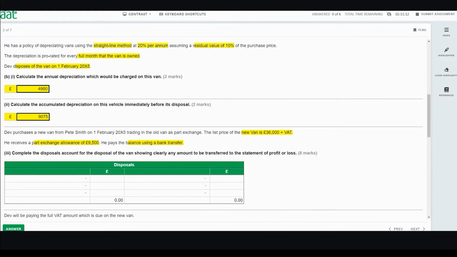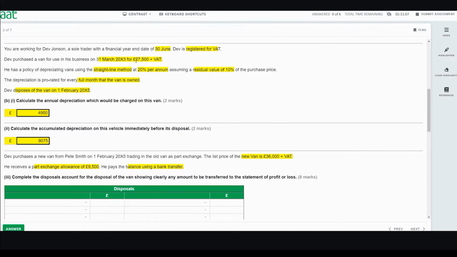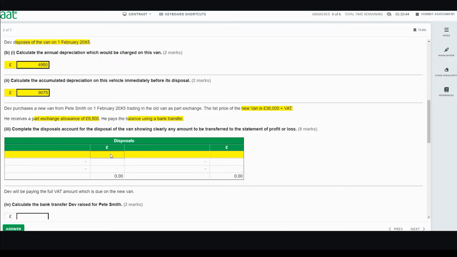The first thing we need to do is see what the old van originally cost us, which was 27,500. Ignore the VAT because they're not asking you to do the VAT account at the minute. In your motor vehicle account there would be a debit of 27,500. So to remove it you need to credit your motor vehicle account and debit your disposal account 27,500.